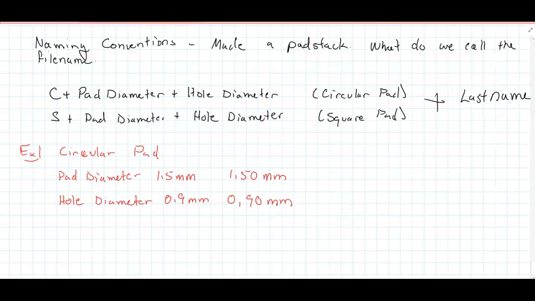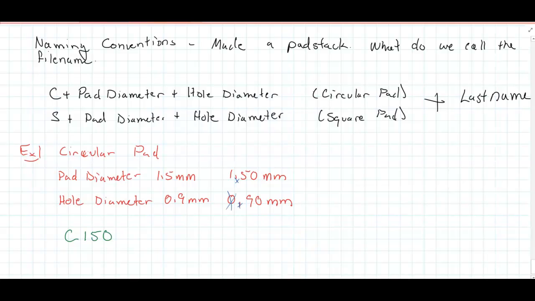And then when we name them, we ignore the decimal points and any leading zeros. So this pad would have a C for circular. My pad diameter is 1.5 millimeters, which I wrote as 1.50. I ignore the decimal point, so it's 150. Then I have 0.90.